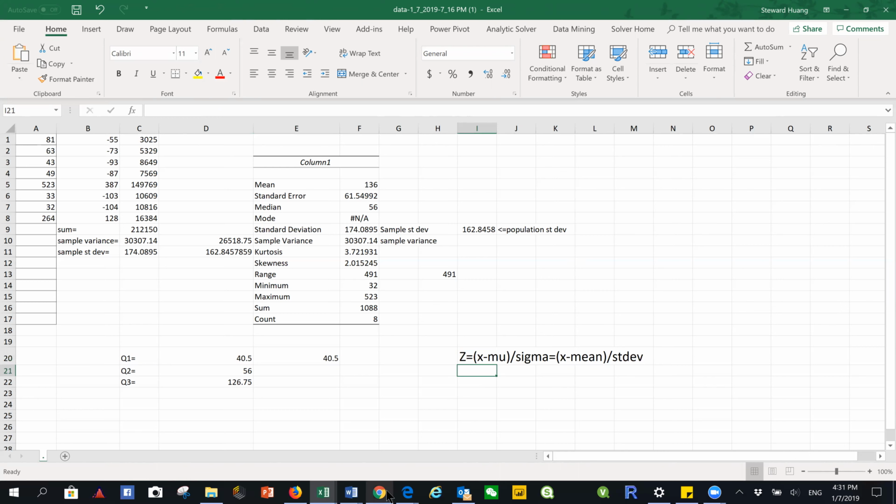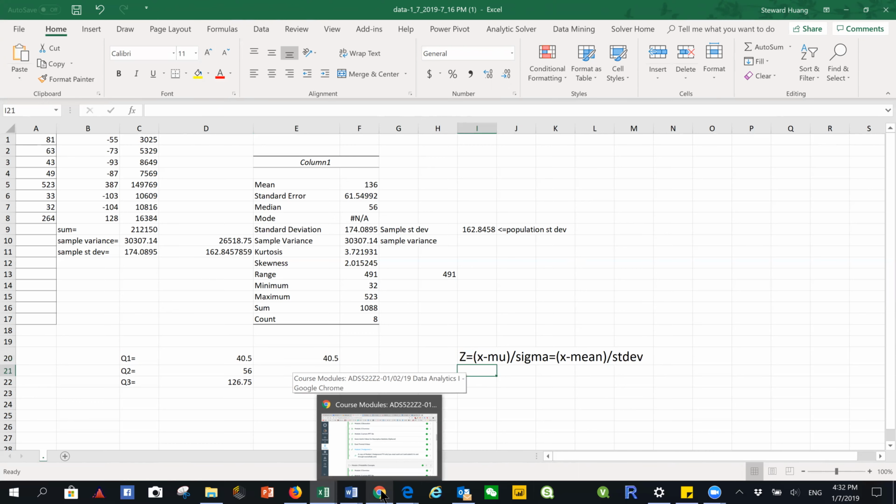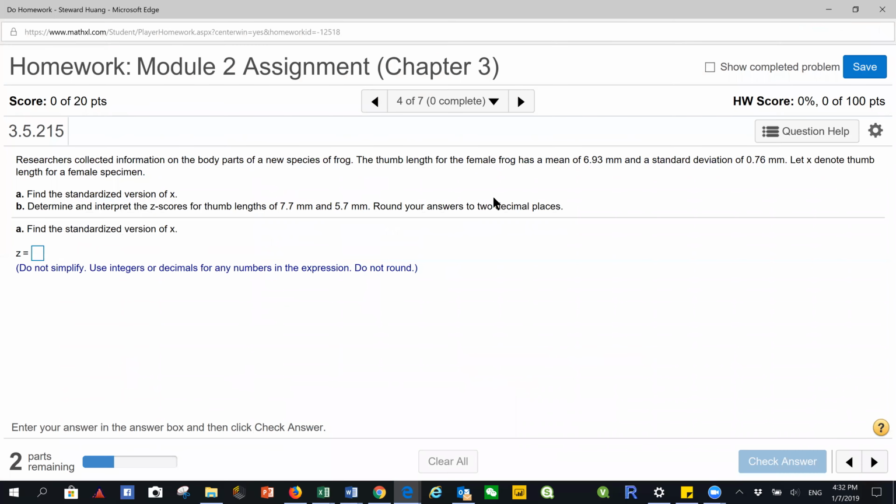And so with that, how do you calculate the standardized value for X? You have to use this formula, and first find the mean, and then the standard deviation. Then plug X, mean, and STDV into this formula, and you'll get the Z with respect to that X value. So in this case, your mean is 693, STDV 0.76. So what's the standardized value of X?